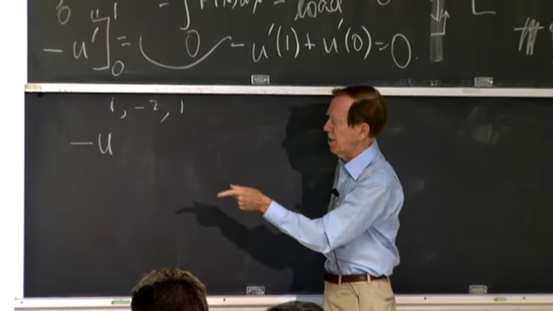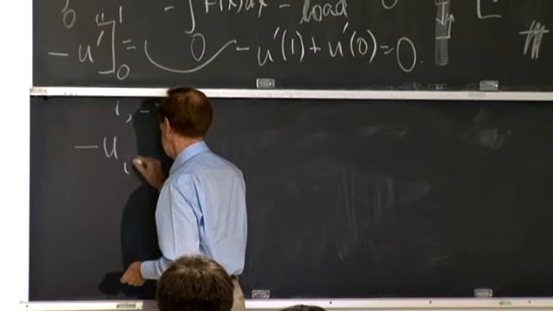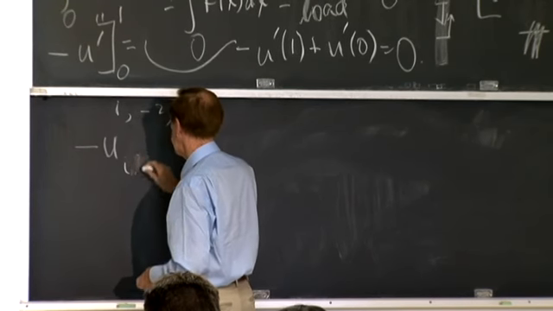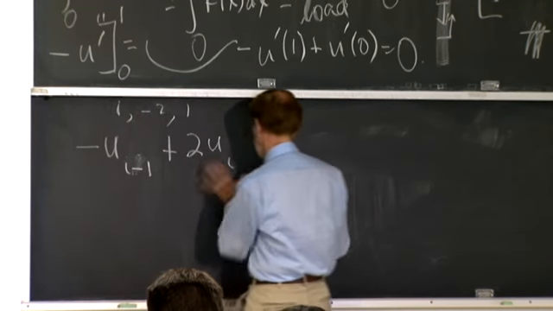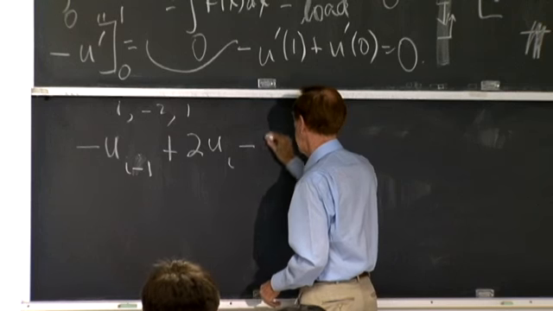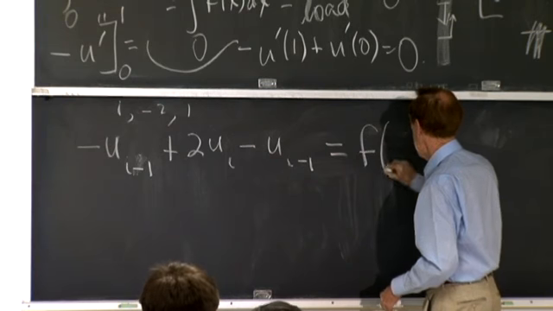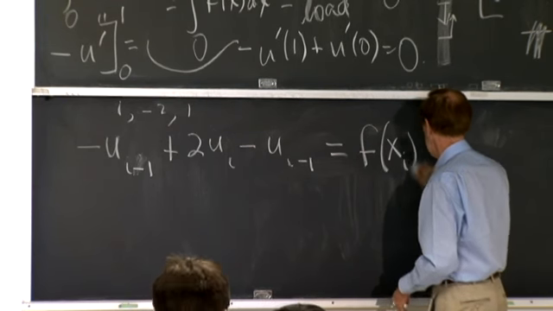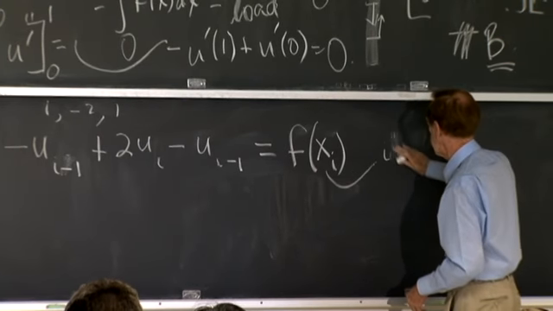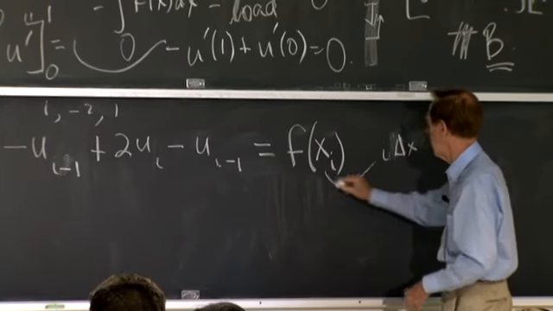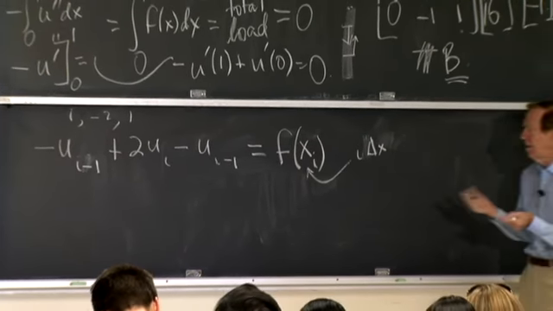Now I'm reversing the signs because of my minus, so I have minus u at some point, let's take that as the point to the left, 2 u's at what I'll think of as the center point, minus u, and that equals the load at that center point. That center point is i times delta x. That's where I would be looking. So now I'm using subscript.